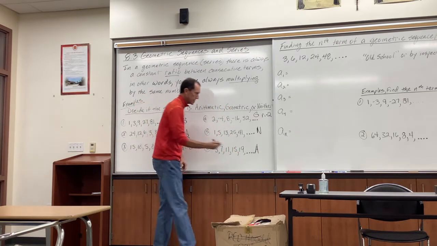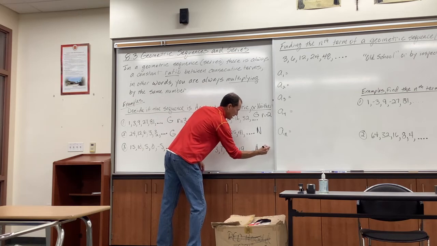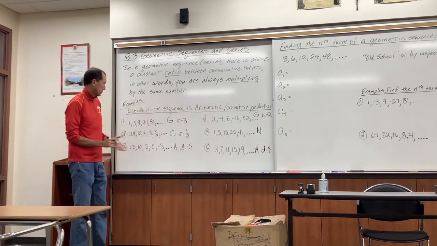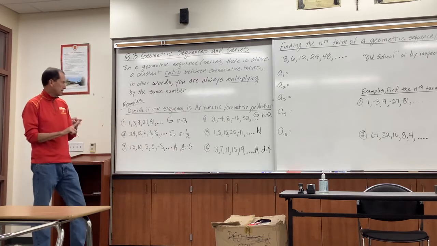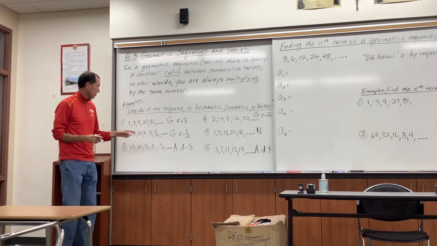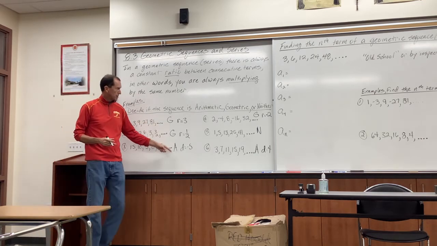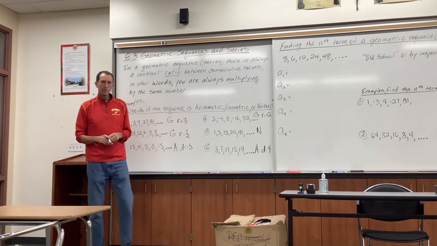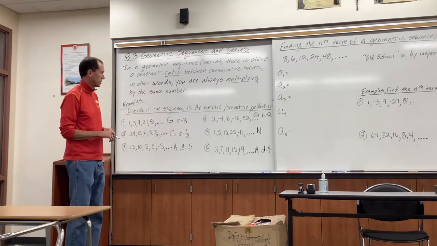You're adding 4 each time, so your difference would be 4. Okay. So being able to identify if it's arithmetic, geometric, or neither is obviously worthwhile in terms of getting some points on quizzes and tests, but it's also more important because if you establish it's geometric or if you establish it's arithmetic, that's going to tell you which formulas you can use.